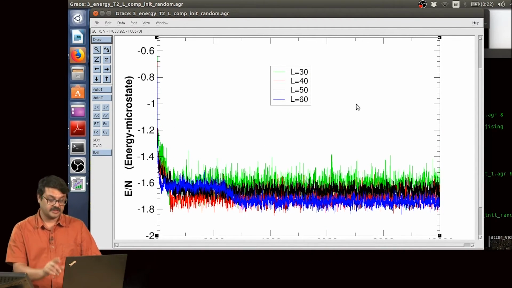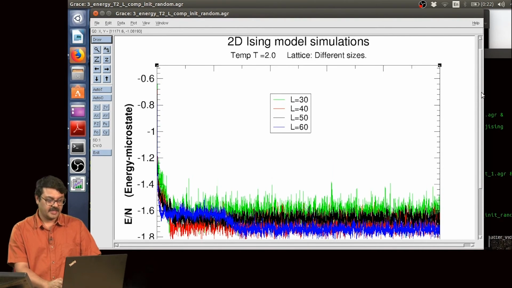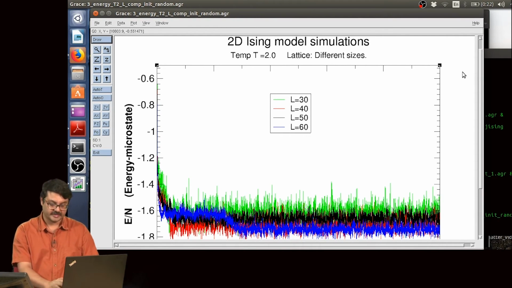So, box size was 30 cross 30, 40 cross 40, 50 cross 50 and 60 cross 60. Temperature remains 2, and I am plotting data for different box sizes.